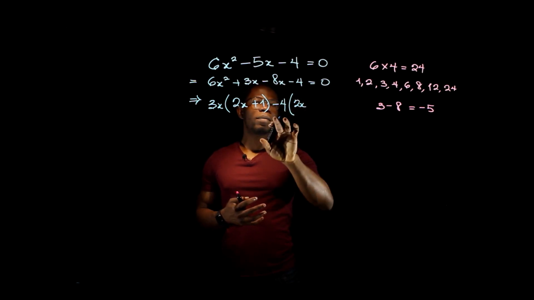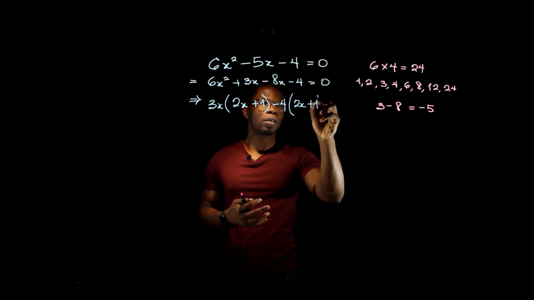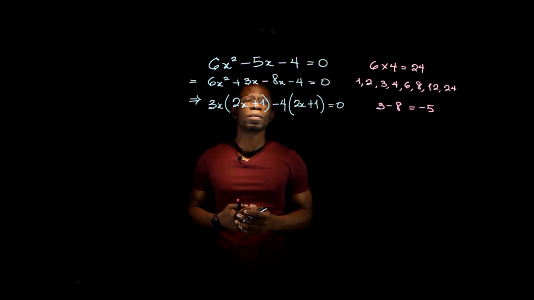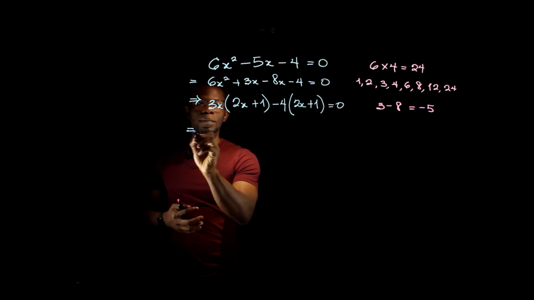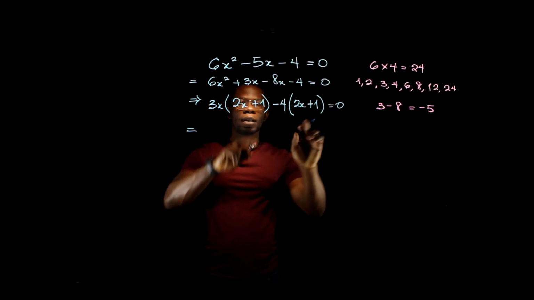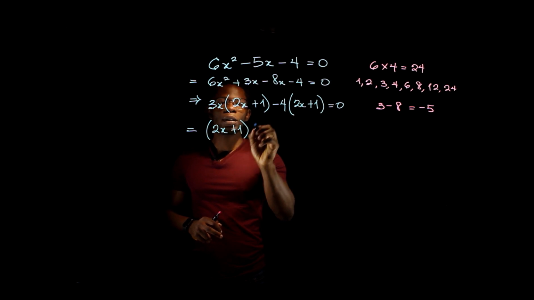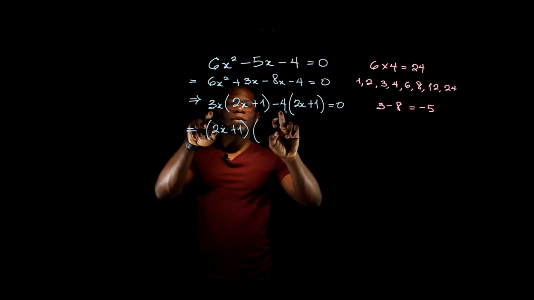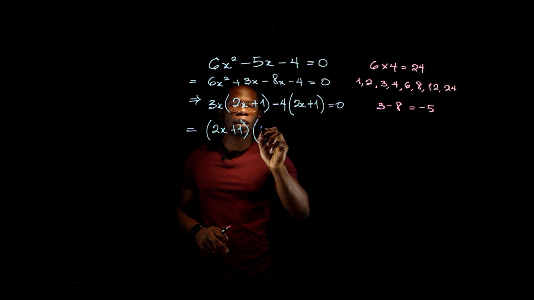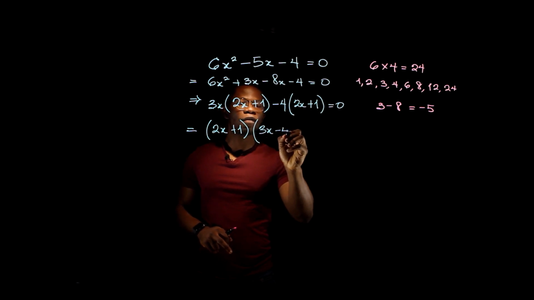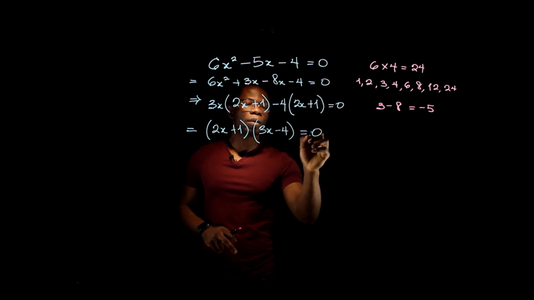And minus 4 divided by minus 4 is equal to 1. Now the next step is that we write out the common terms here, which is 2x plus 1, and then we write the terms outside the bracket here, which is 3x minus 4 equals 0.